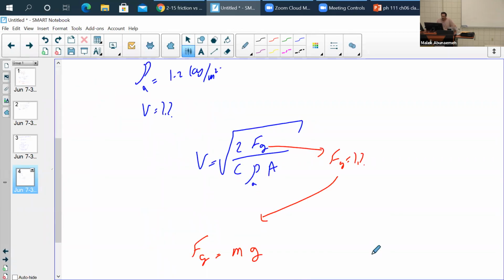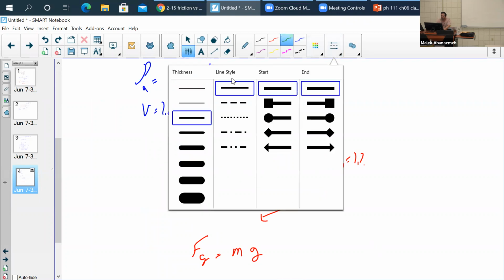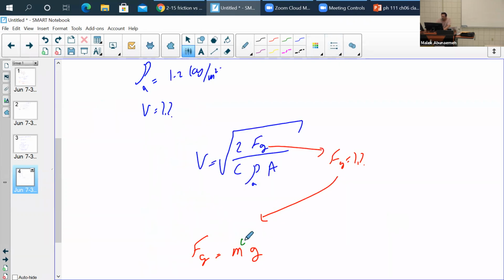We know from earlier that your rho equals your mass per volume. Your density is mass per volume. That means your mass really is your density multiplied by your volume. So let's go ahead and do that.